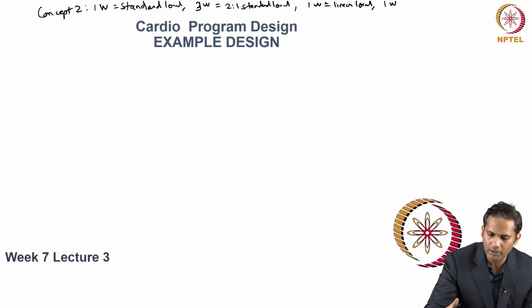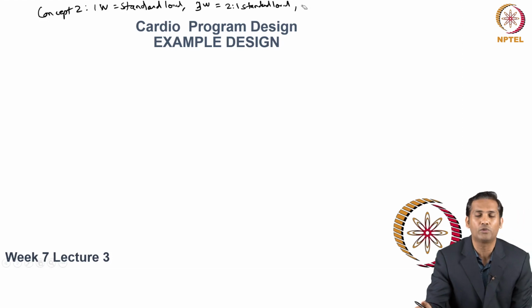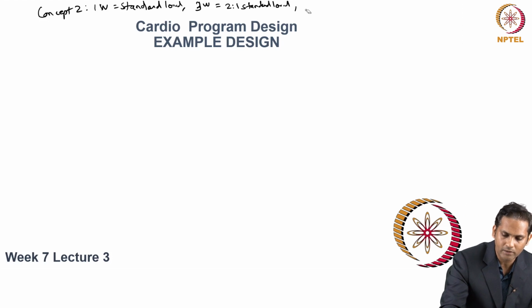I would not use a linear load too early because my cardio training experience is much less in comparison to my resistance training experience. So I would customize it, making it 2:1 to, and now it would be 3 weeks of again 2:1 standard load.